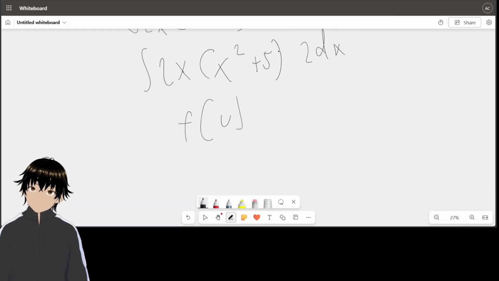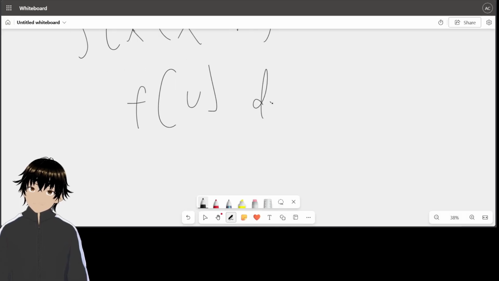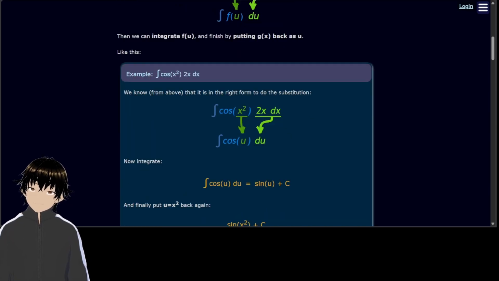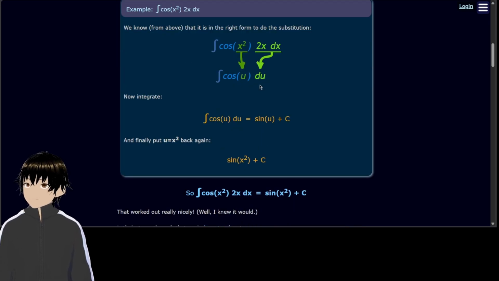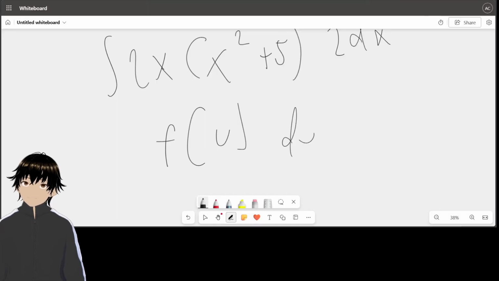Goodness me. Okay. So you have du. So we're going to replace du with that. Integrate, I have to integrate. It's gonna be sin u, okay.